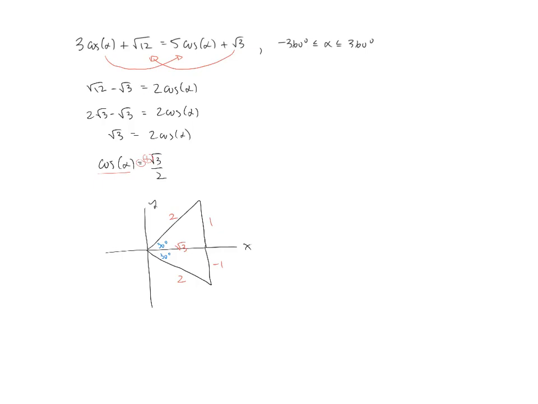Hopefully your mind is starting to be trained that same way as well, where it is kind of difficult to remember degrees, but we do need to follow the instructions. So 30 degrees. Again, there are going to be a finite number of solutions. So from these two, you can see that alpha would equal 30 degrees. It would also equal 330 degrees.